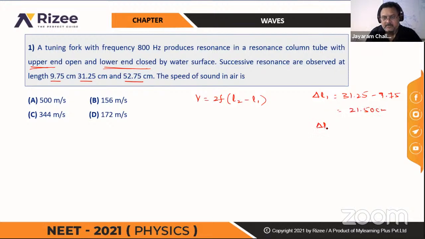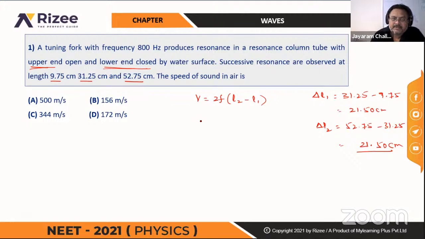Let me check the second case also: 52.75 minus 31.25 is again 21.5 centimeters. So for both of them, the difference is the same.